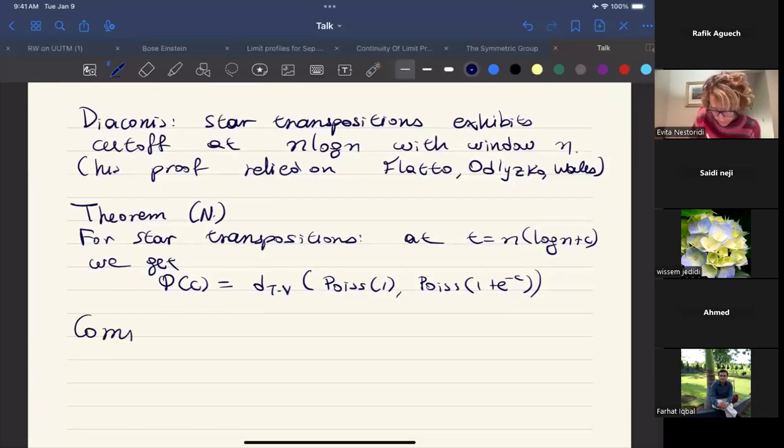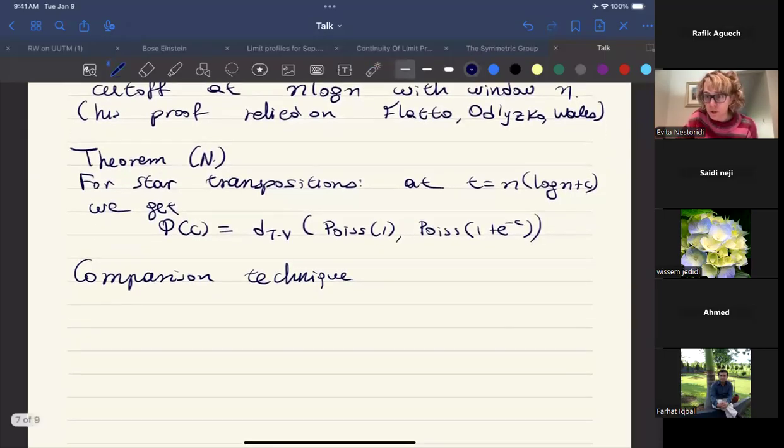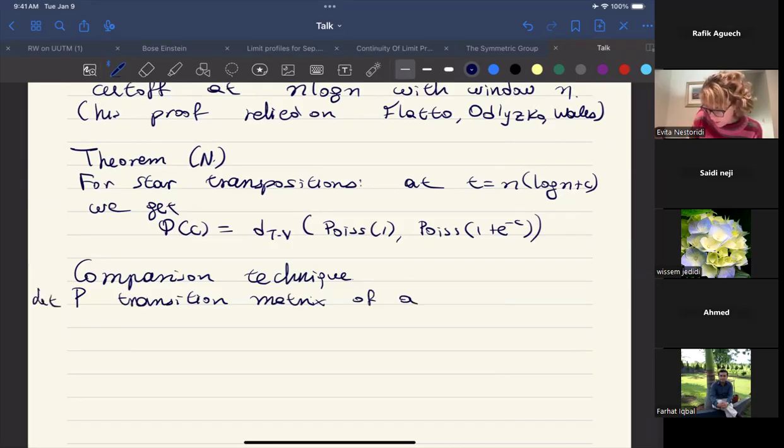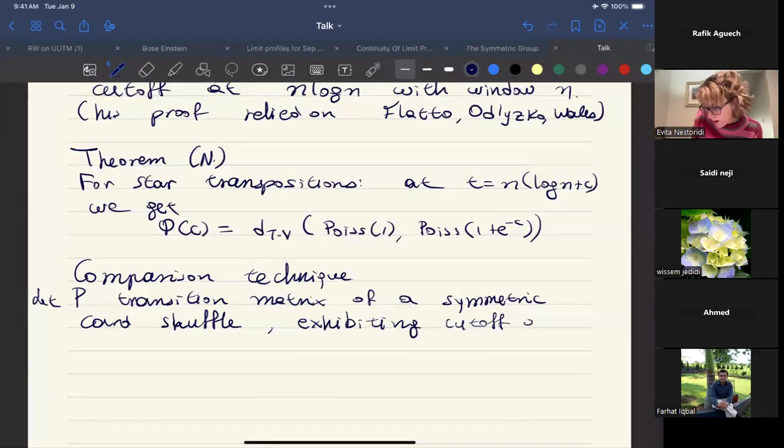So what is the idea behind proving this? It's this comparison technique. And I really want you to think of random transpositions and star transpositions as I'm writing it down, which says that assume that you have a transition matrix P of a card shuffle, of a symmetric card shuffle, meaning that P is symmetric, that exhibits cutoff at Tn with window Wn and eigenvalues beta i.